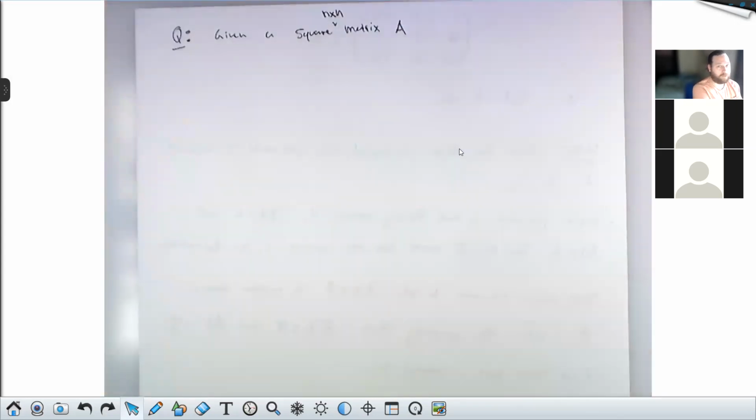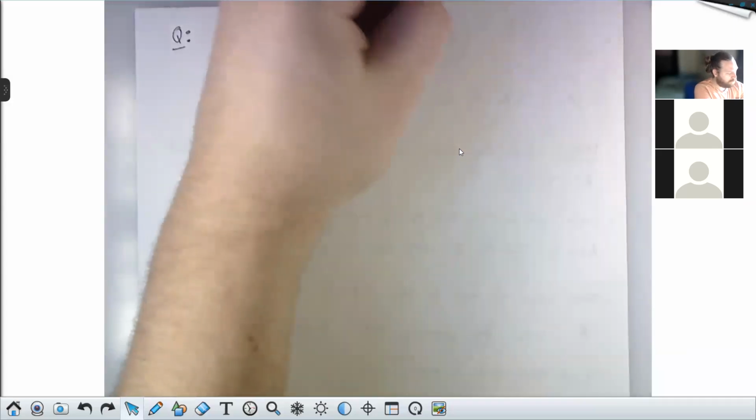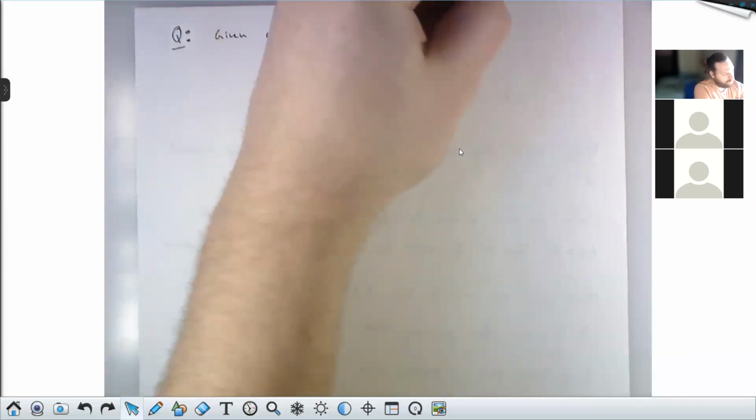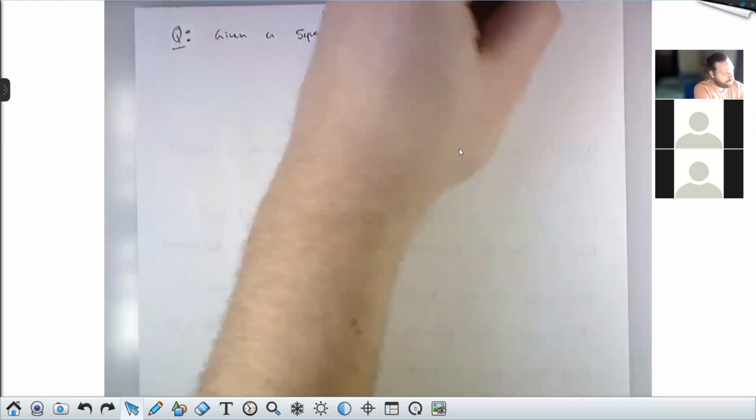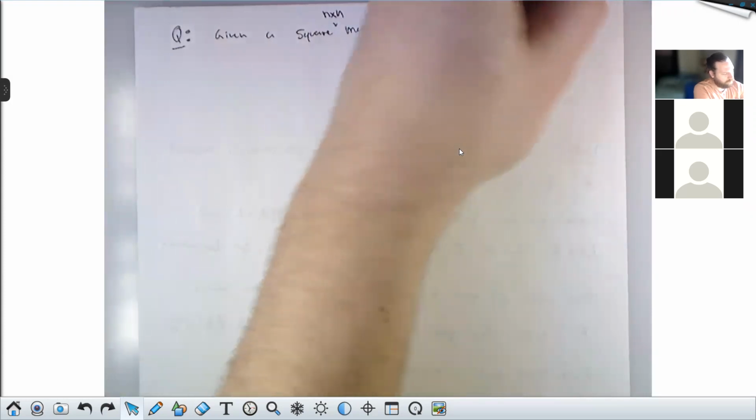Okay, so the big question at this point is, given a square matrix A, right, like an n by n, how do we find A inverse?